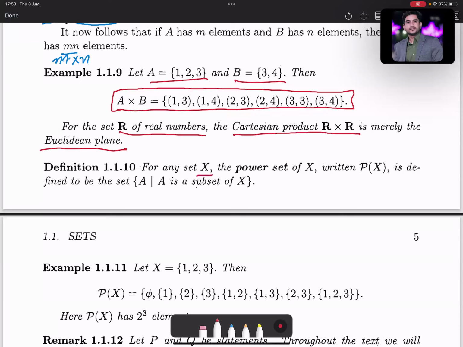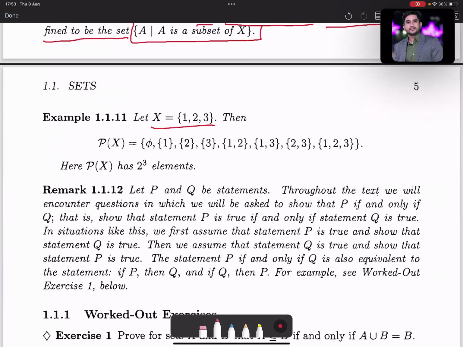For any set x, the power set of x, written like this, is defined to be the set which contains all of the subsets of x. So let's say we have x as a set, then the power set of x is this one, which contains all of these subsets.